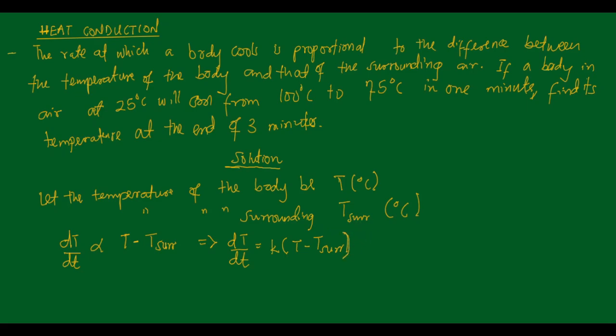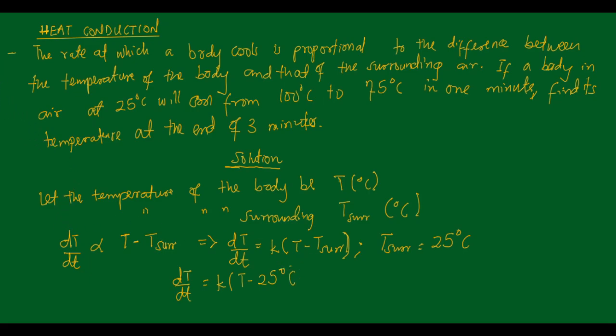And we're told that the body is in air at 25 degrees Celsius. So this means the surrounding is air and the temperature of the surrounding is 25 degrees Celsius. So we can write the temperature of the surrounding to be equal to 25 degrees Celsius. On substituting this, we have that dT/dt will be equal to k multiplied by (T minus 25 degrees Celsius).